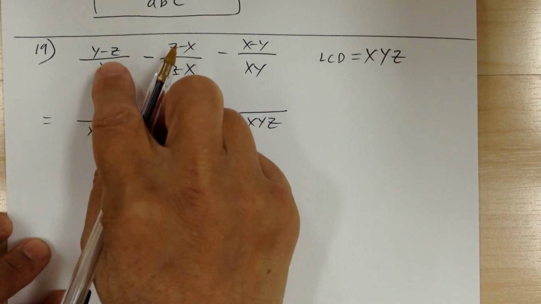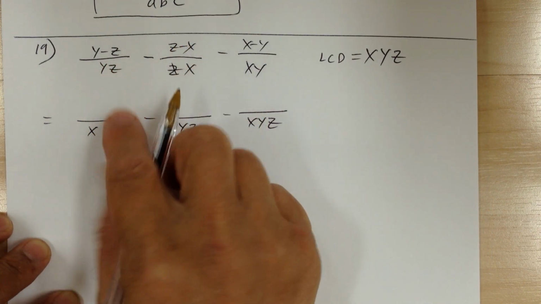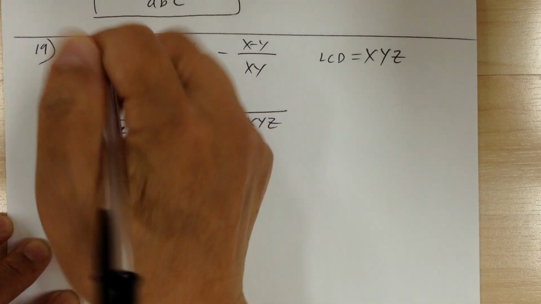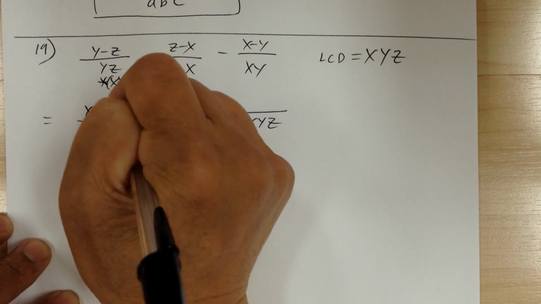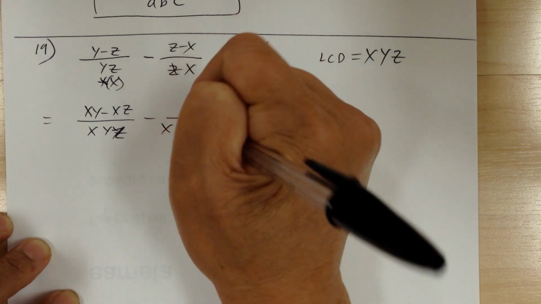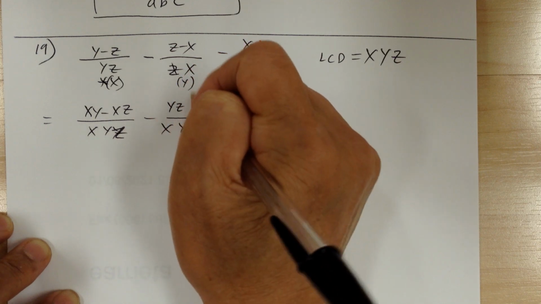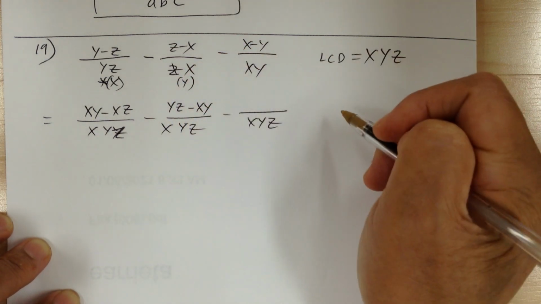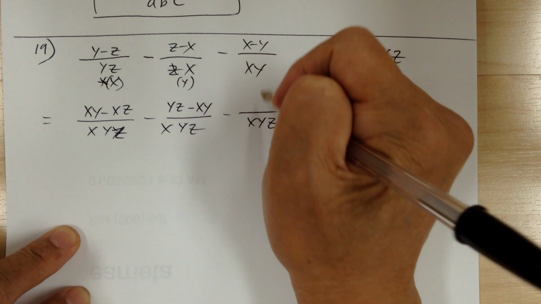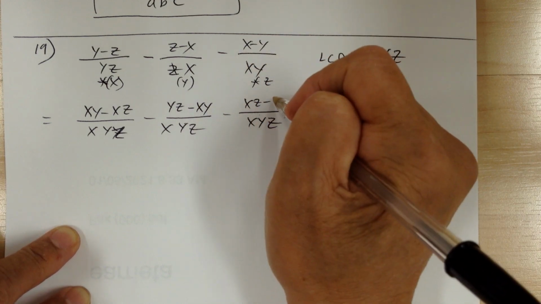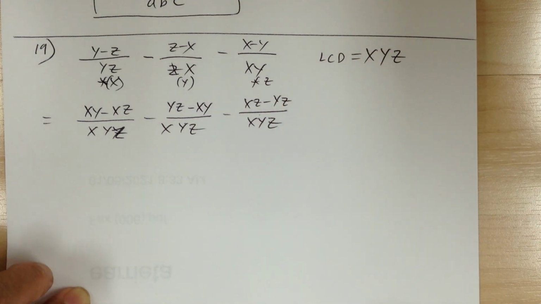Okay, next, we're going to figure out how you're going to get from here to here. From here to here, you're missing the x, so when you multiply, you're going to get xy minus xz. From here to here, you're missing the y, so when you multiply, you're going to get yz minus xy. From here to here, you're missing the z, so you're going to get xz minus yz.